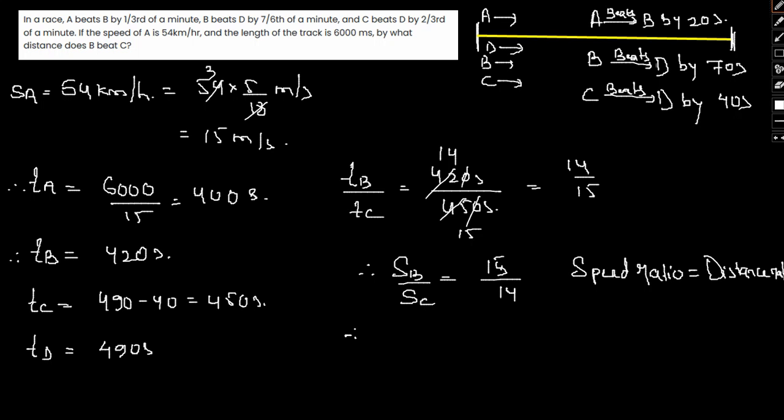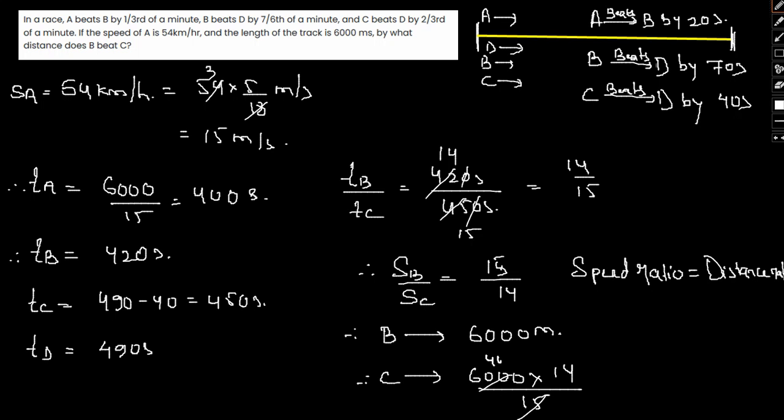Therefore when B completes 6000 meters, C is at 6000 into 14/15, or 5600 meters.